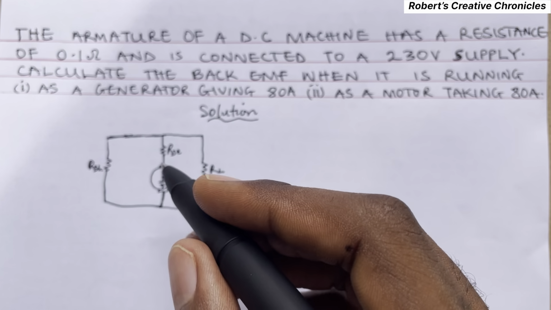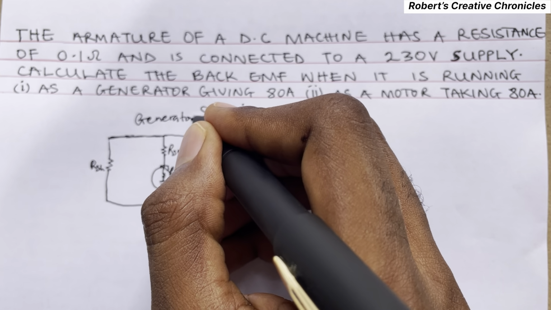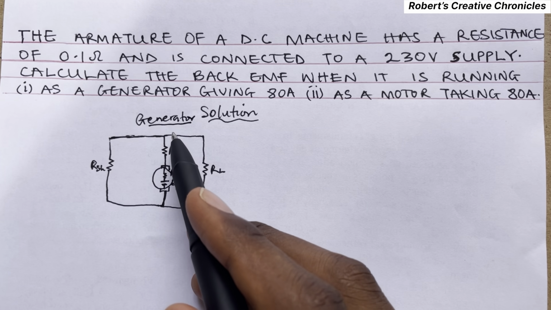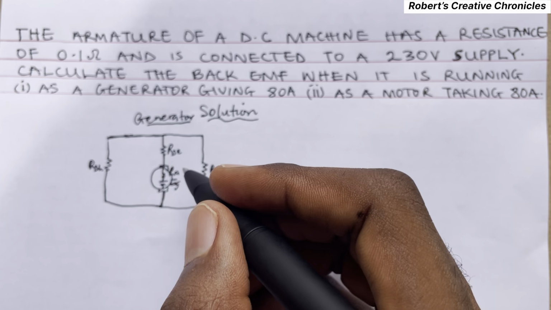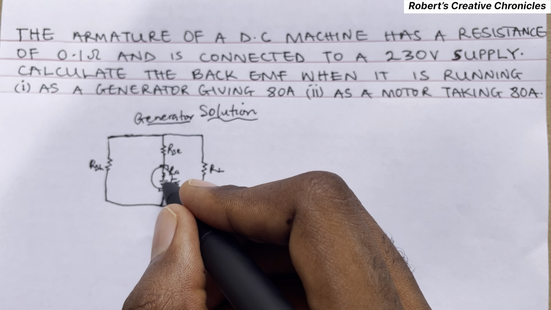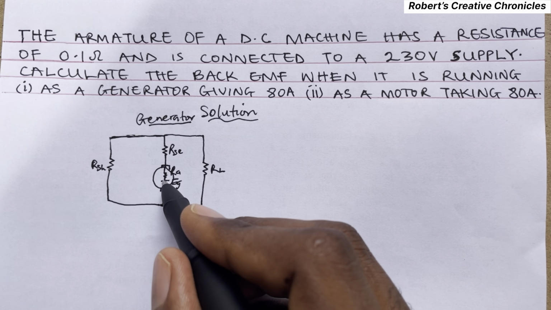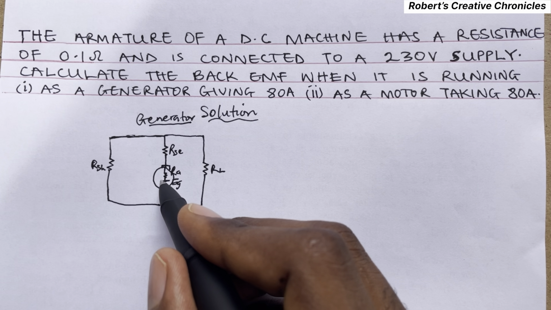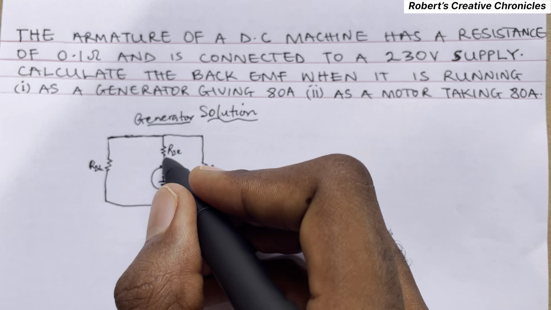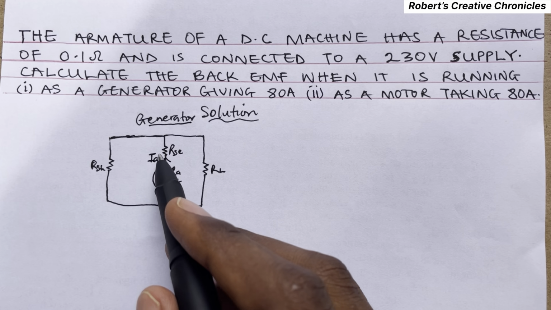So in a generator, the current from the armature, from this positive terminal, flows upward. It is known as IA, the armature current.